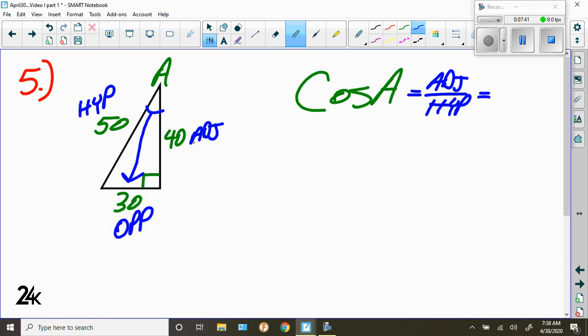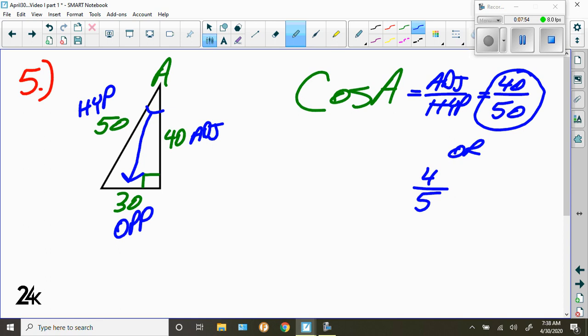So adjacent is 40. Hypotenuse is 50. That would be fine. Or you could simplify it, divide by 10, and get 4/5. I really don't care which one you do, but it's all good.